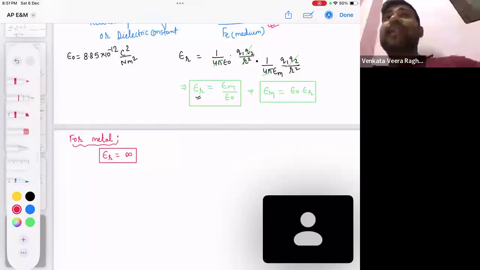If we make a cavity inside a conductor, then the field in that cavity is going to be zero, which shields it. So if you keep any charged particle inside a cavity in the conductor, the electrostatic force is going to be zero. That's why it is said that if lightning is happening, it's better to stay inside the car rather than outside.